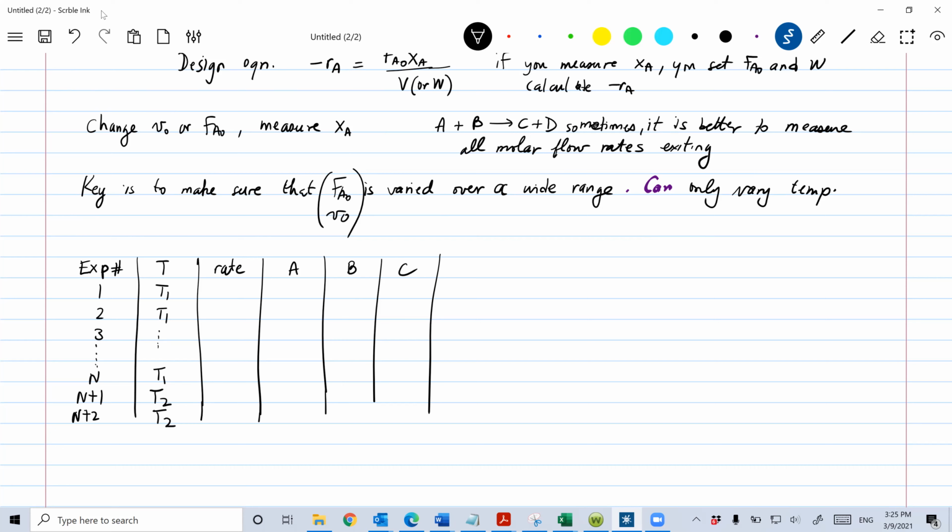For each of them, you're going to get a minus rA. It's okay if you don't copy this, it's in the book. And you'll get a CA for each, etc., a CB.